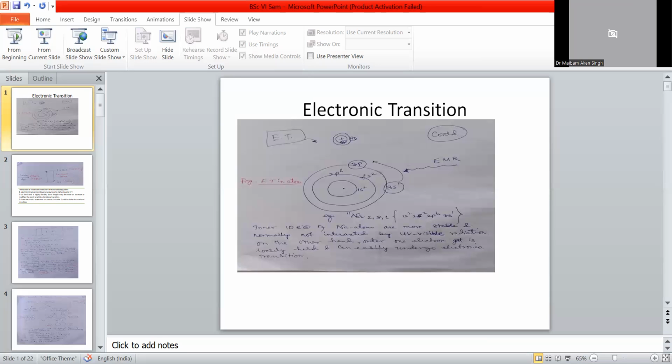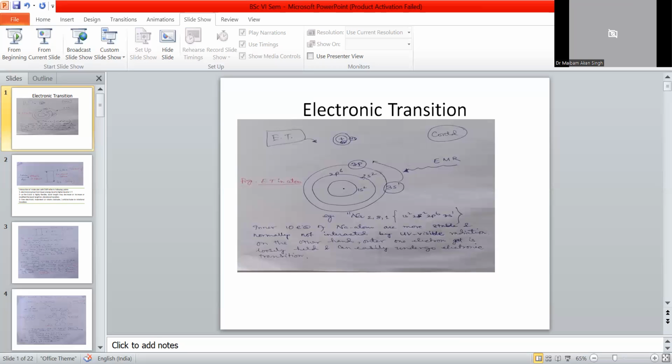The second point: generally the bond between two or more atoms, that is the chemical bond, is highly flexible. So the bond length may decrease or increase. That is modified bond length, which reflects the vibrational transition.